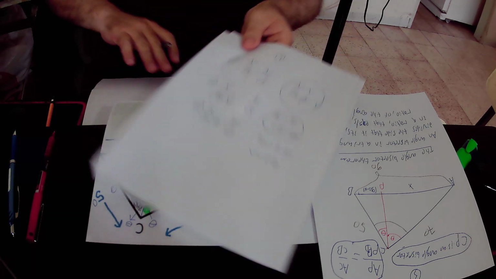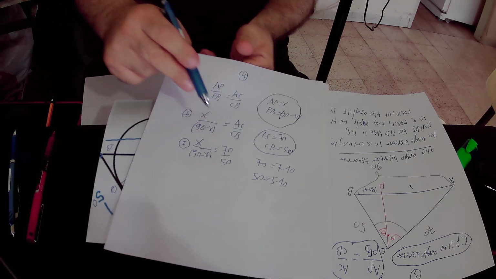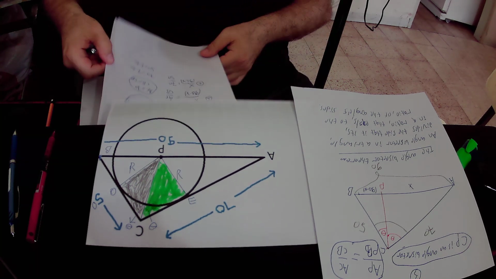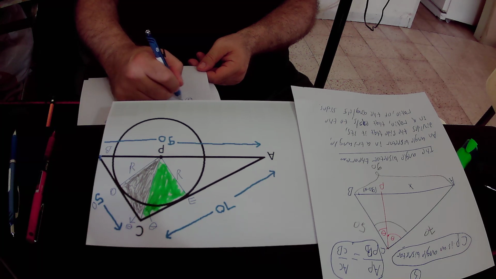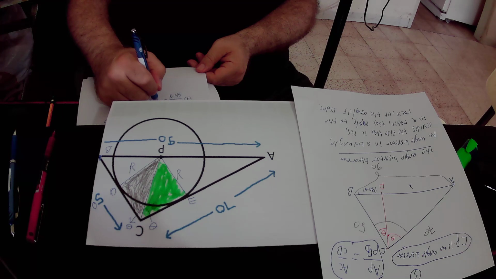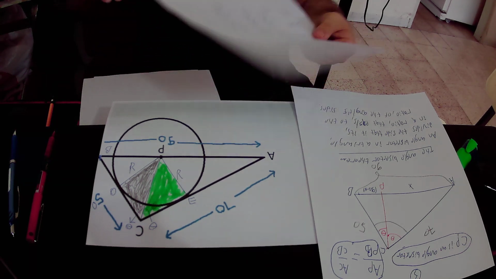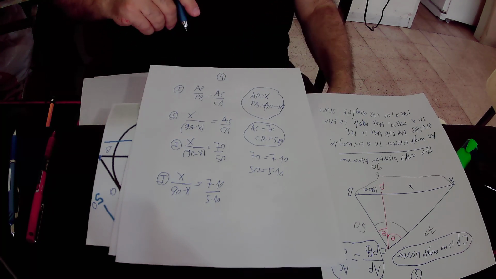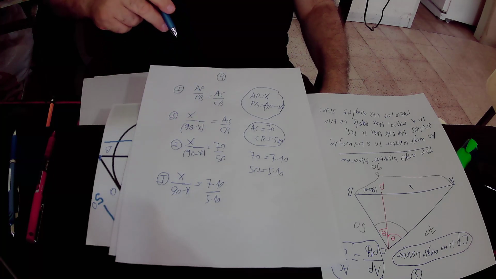So we will replace 70 by 7 times 10 and 50 by 5 times 10.